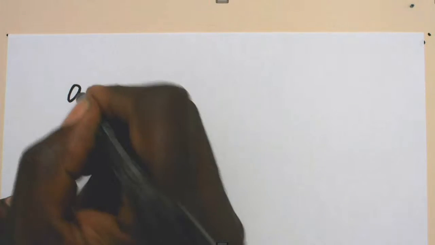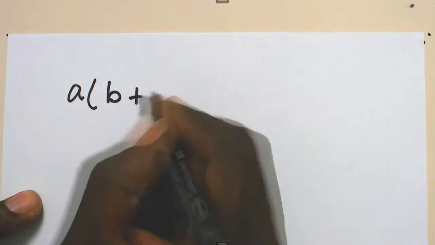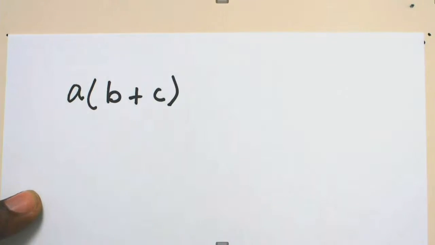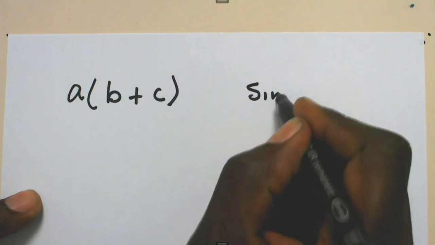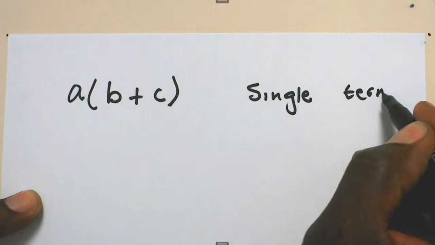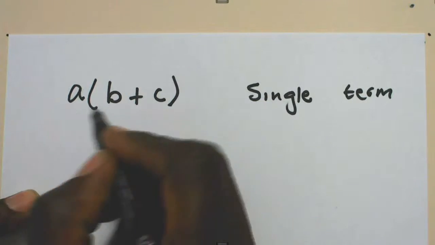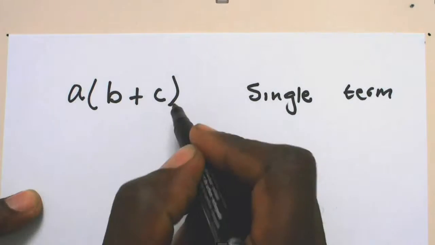For example, if we have A into B plus C, it is a single term because it involves multiplication and a bracket. And if you distribute, you're getting rid of the bracket.